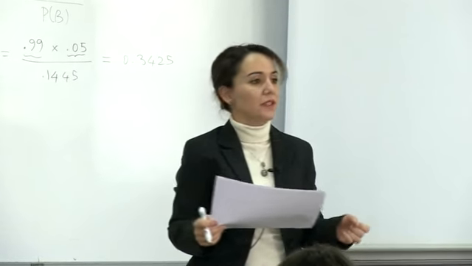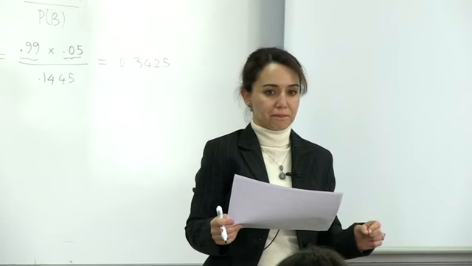Let me get a different color. Okay, I'll read you the question. A test for a certain disease is assumed to be correct 95% of the time. So if a person has a disease, the test results are positive with probability 0.95.